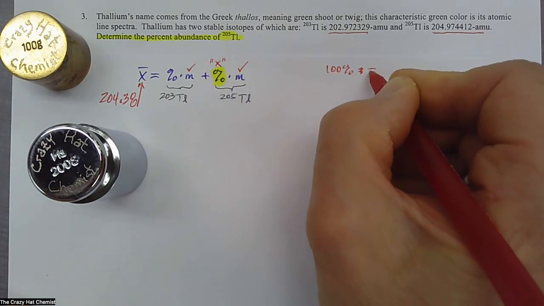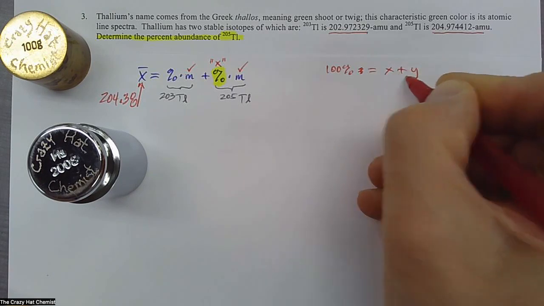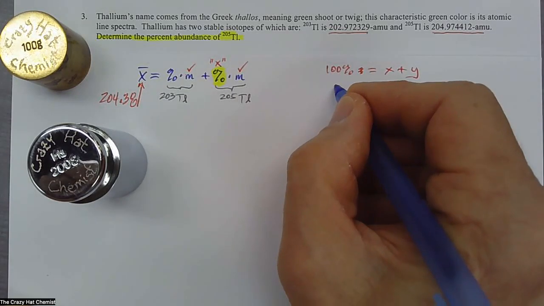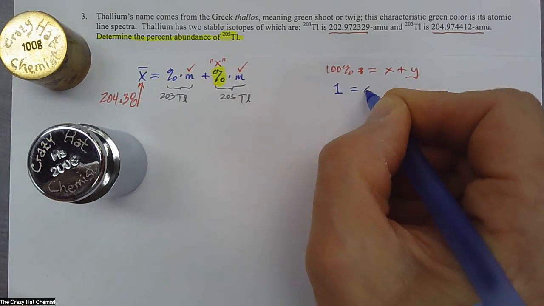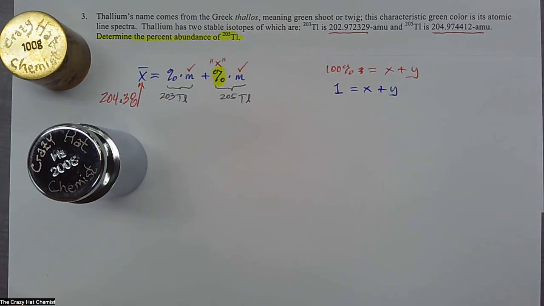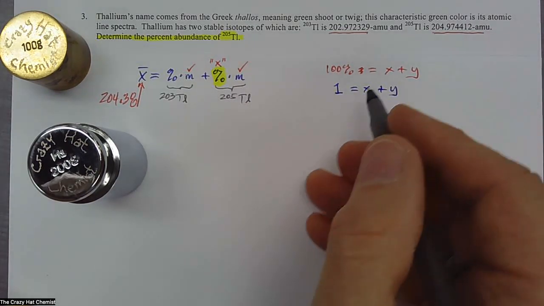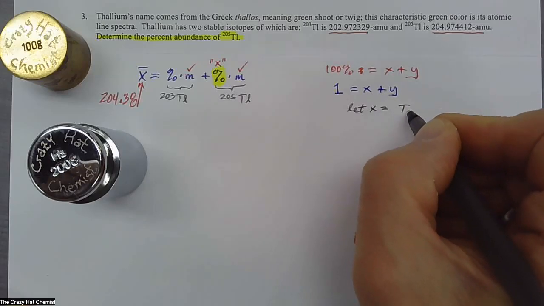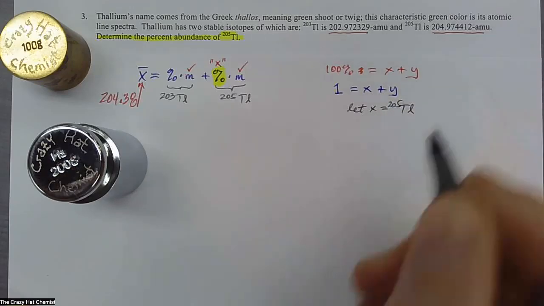So that would be 100 is equal to X plus Y. If I were to divide by 100, I would get 1 is equal to X plus Y. Now, X and Y are in decimal form at this moment in time, so I didn't do X divided by 100. So we already said let X equal thallium-205.